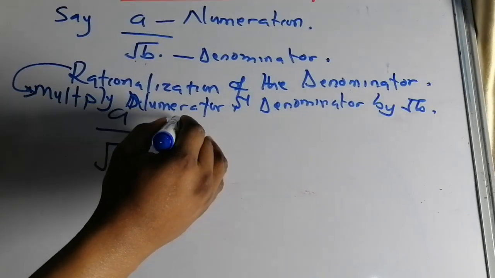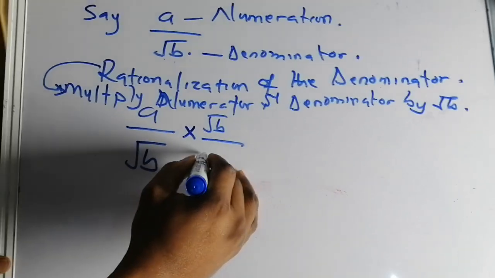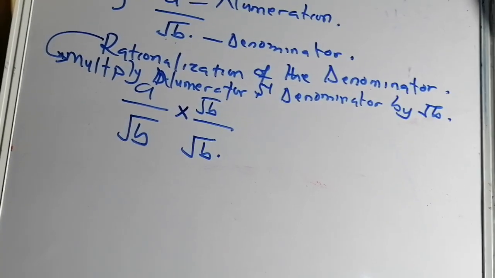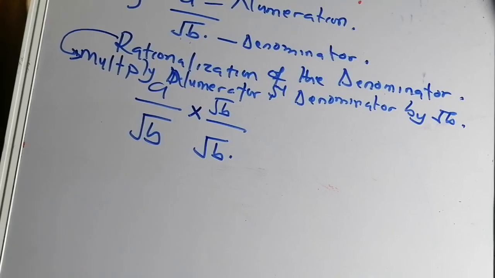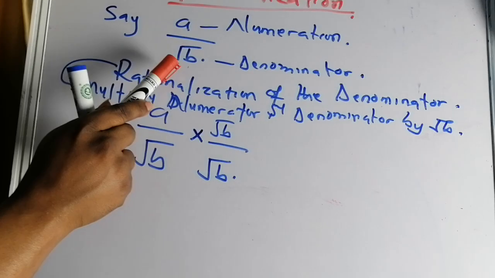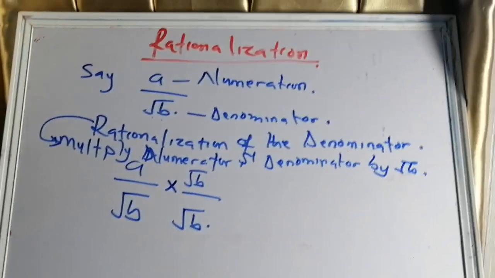This is what I mean: root b over root b. What I'm trying to do here is just to rationalize, and I've told you the process of rationalizing is removing the surd from the denominator. Very important.